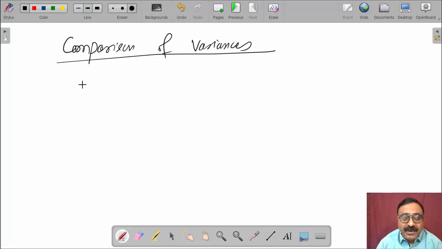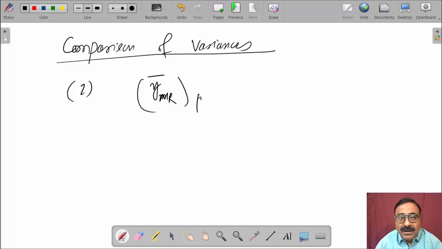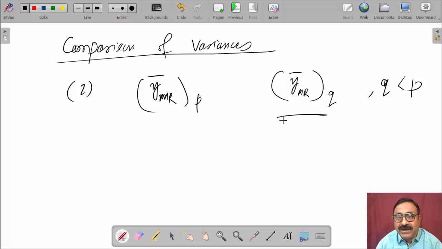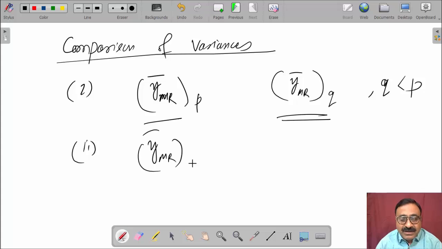Here we shall compare the ratio estimator using P auxiliary variables, YMR bar, with that of the ratio estimator using Q auxiliary variables, where Q is less than P. That means here we take a smaller number of auxiliary variables than there. Second, we shall compare the ratio estimator using P auxiliary variables with that of the simple mean estimator Y bar under the simple random sampling without replacement scheme.